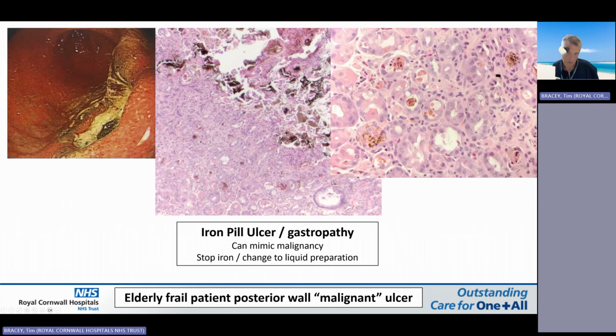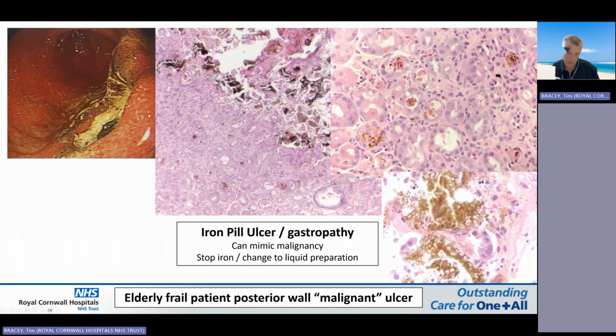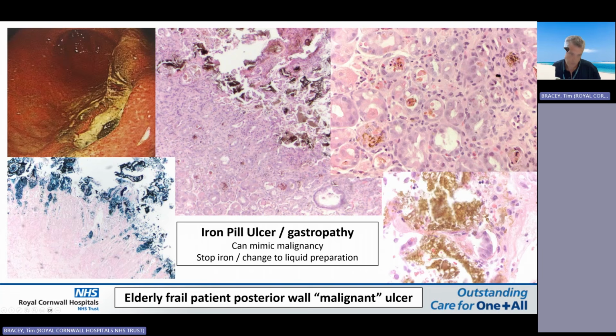And at higher power you can see this crystalline material here, and what's this stain here? It's a Perls' Prussian blue stain, which you can do if you're not confident of looking for iron debris. It certainly helps confirm the diagnosis of iron pill gastropathy, and also saves the patient from unnecessary CT scans and things like that.